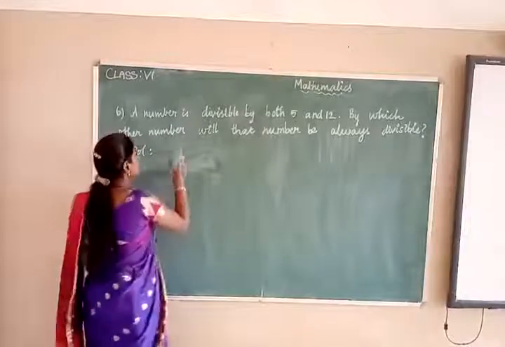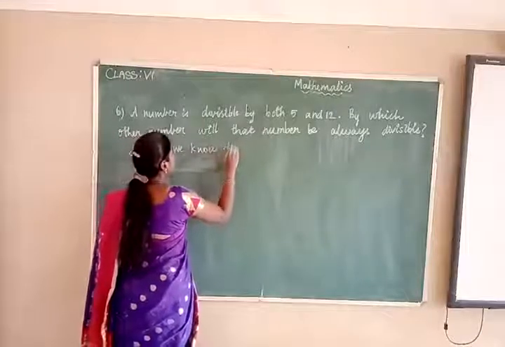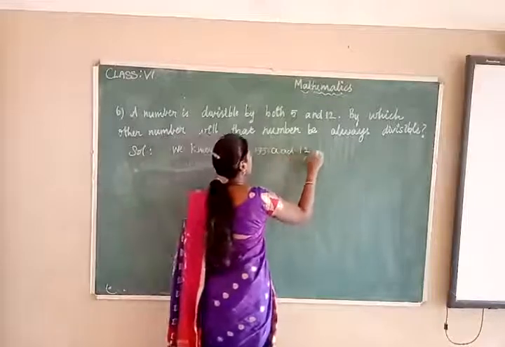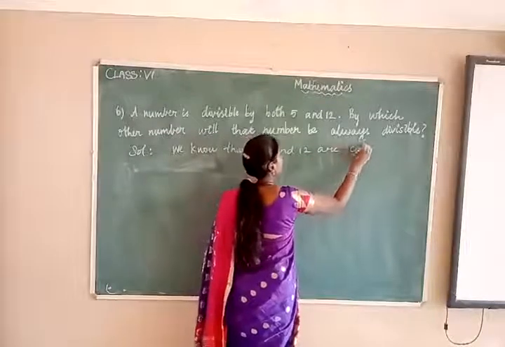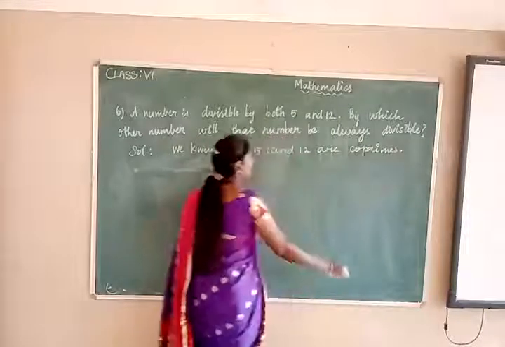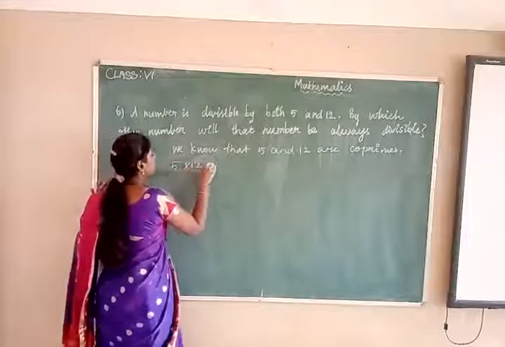So you can write, we know that 5 and 12 are co-primes. If they are co-primes, you can just multiply them. 5 into 12 is how much? 60.